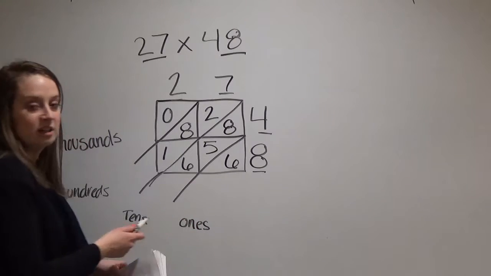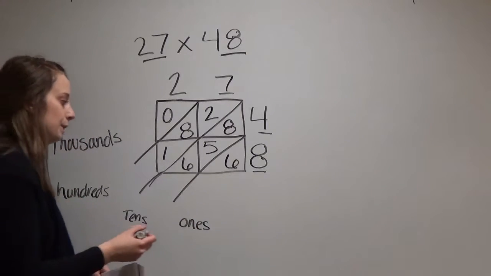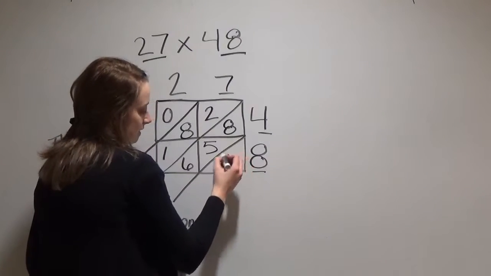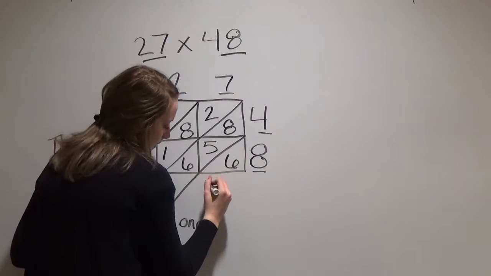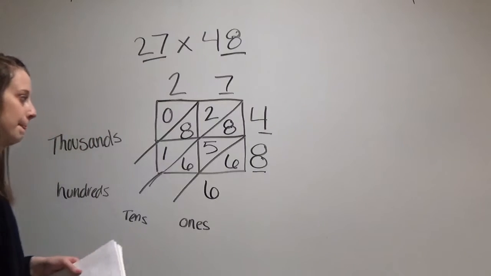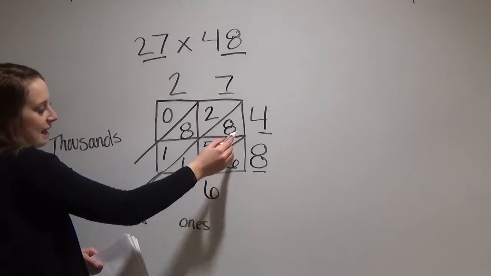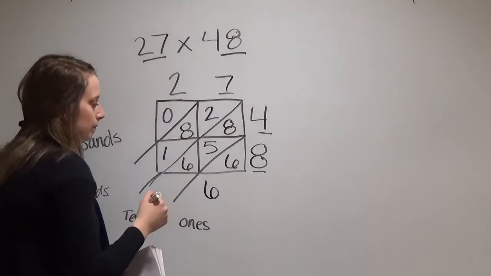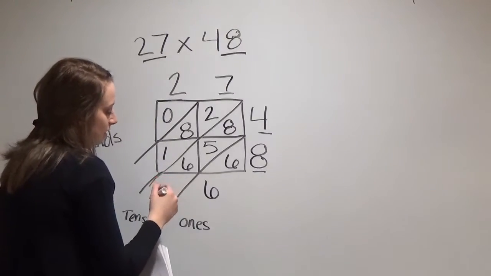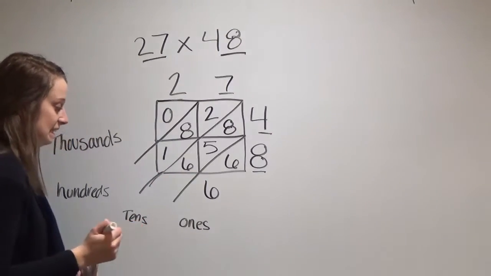Now we're going to add our place values up. We have 6 in the ones, and that's it. So we put our 6 in our ones place. We have 8 plus 5, which is 13, plus 6, which is 19.